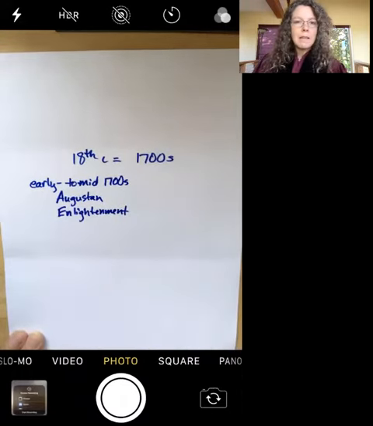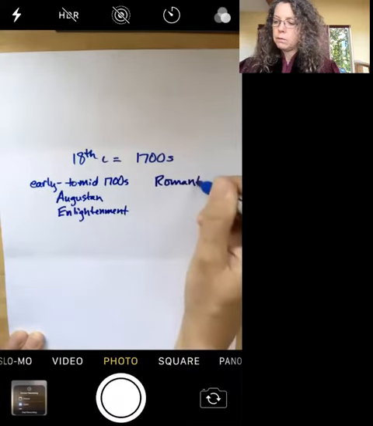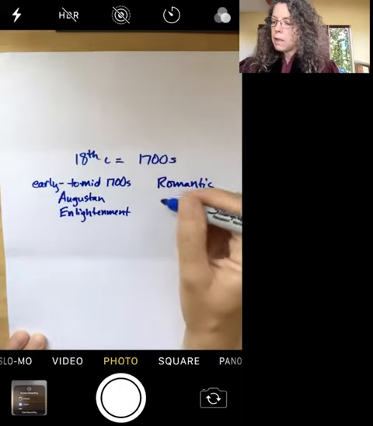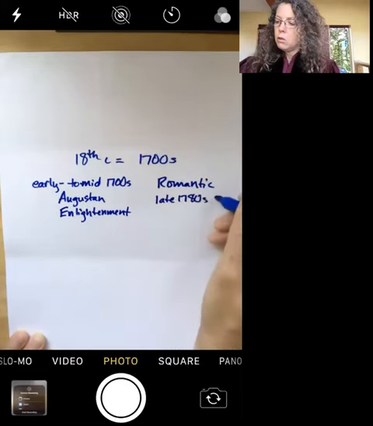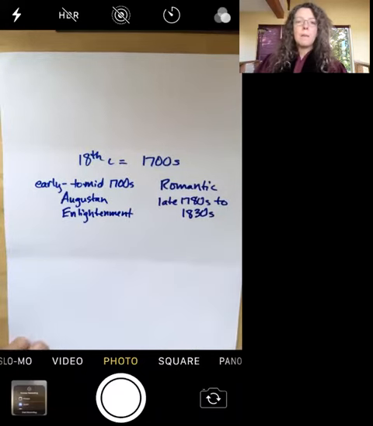But the 18th century also includes the Romantic period, which goes basically from about the late 1780s to the 1830s.